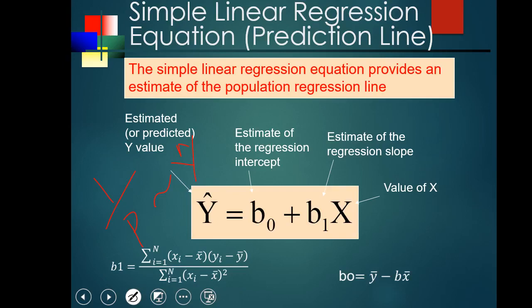Now how do we determine beta naught? We have some equations for that. We have the beta naught equation, this one, and the beta 1 equation, this one. Now if we calculate beta 1 by using the data set, x is a value that we obtain from the field or from experiments.